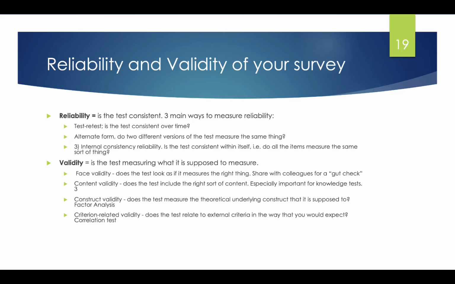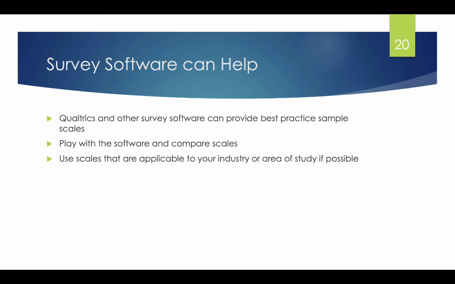If you're using a brand new scale in academia, you need to do a factor analysis to make sure that the scale is valid. And then criteria related validity is, does the test score relate to external criteria in the way you would expect, like in doing a correlation test? So those are just measures of validity, and we'll talk about these when we get to the analysis piece.